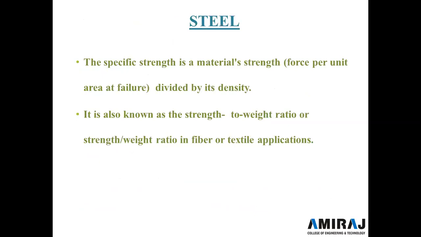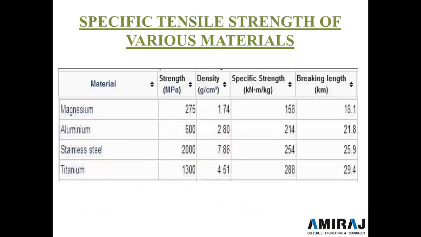Now the specific strength is the material strength divided by its density, and it is also known as the strength to weight ratio or strength by weight ratio in fiber or textile applications, right? The specific tensile strength of various materials like magnesium, aluminum, stainless steel, titanium is mentioned in this table.